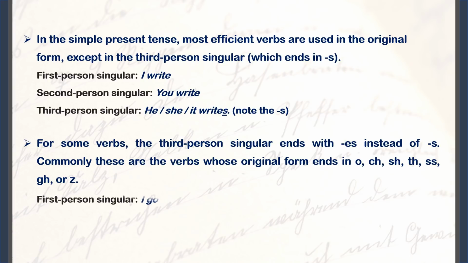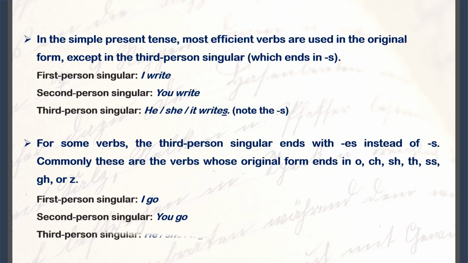With reference to this, let us see another example with the base verb go, which has o in the last. First person singular, I go. Second person singular, you go. For third person singular, he, she, it goes. You can note the es in the last.